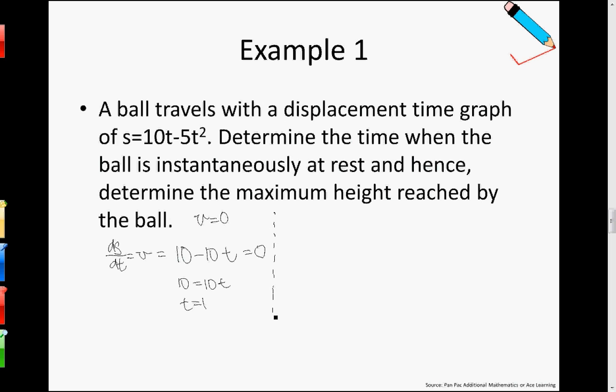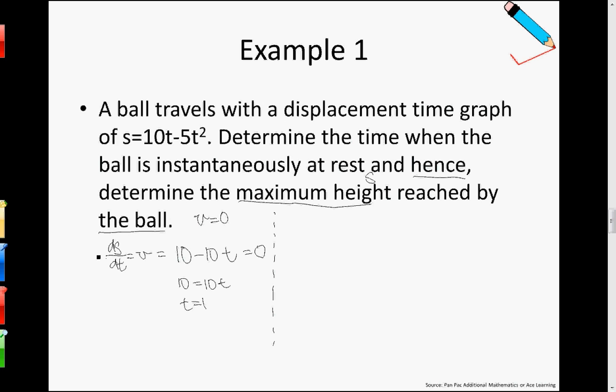The next part of the question says hence, determine the maximum height reached by the ball. To find the maximum height reached by the ball, I look at height. Height is a displacement quantity related to s. Therefore, in order to find the maximum height, it's like finding the stationary point.